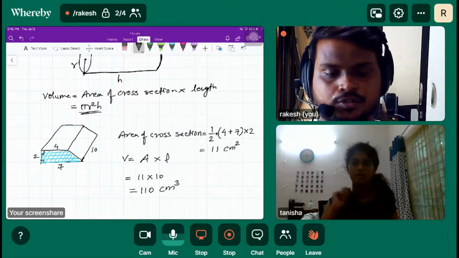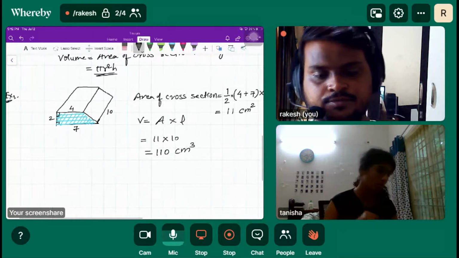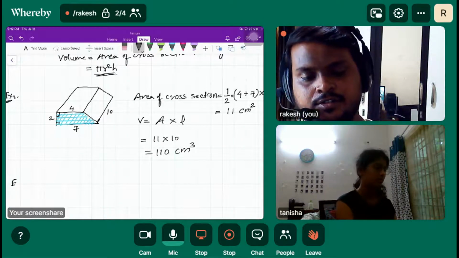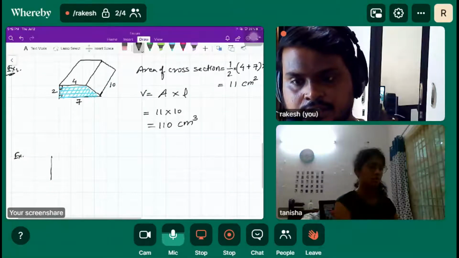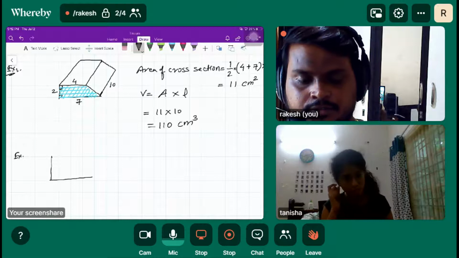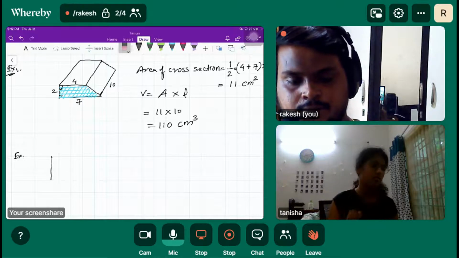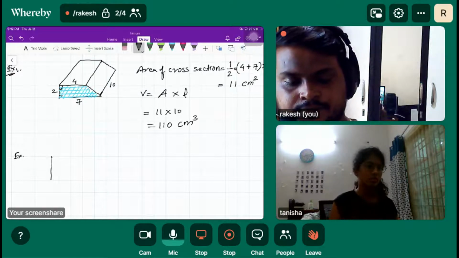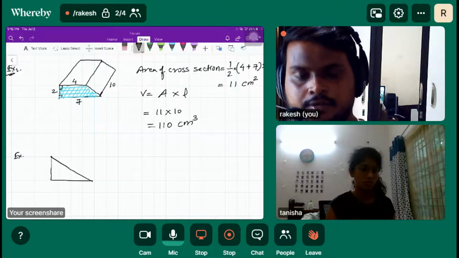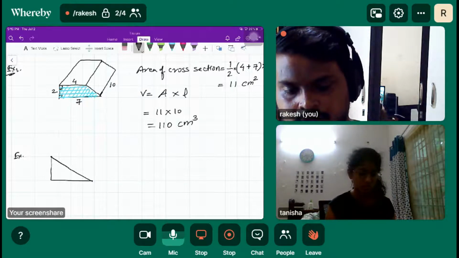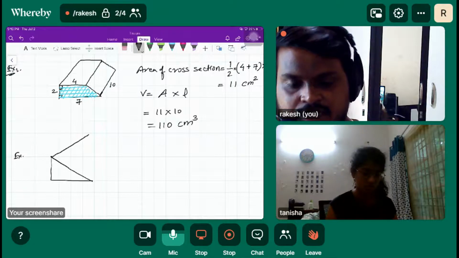Okay. So now next question. The next question is, this is the triangle here. And this is going inside the page like this.